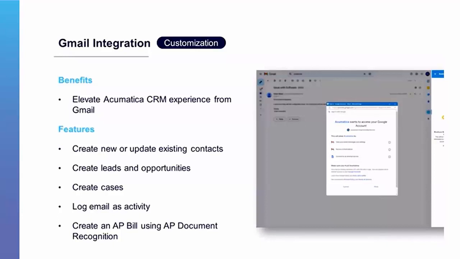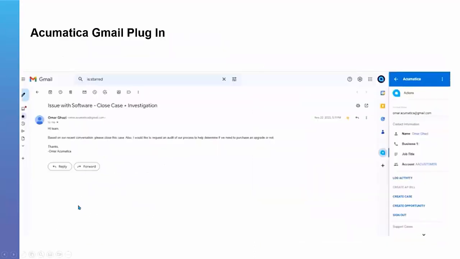It's available out on the community for customers, or again, reach out to Action. We can publish that customization so you can integrate your email directly with Acumatica. You'll see here in your Gmail screen, over on the right, you now have the Acumatica plugin.